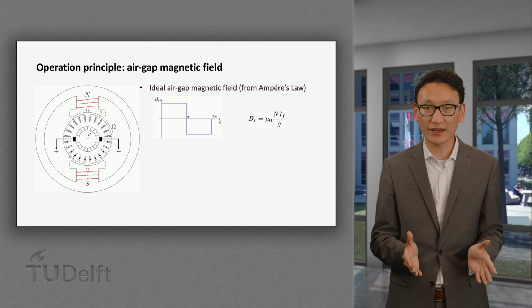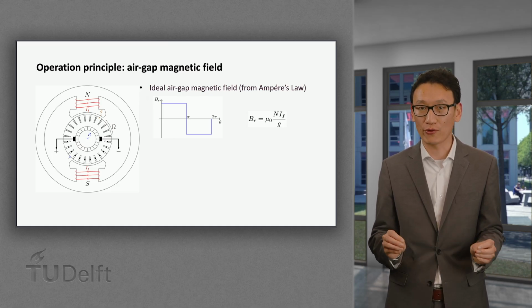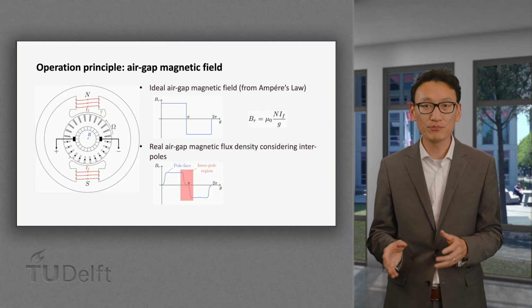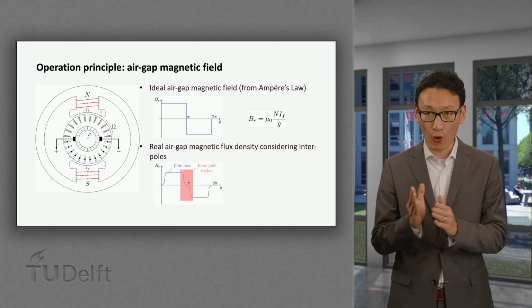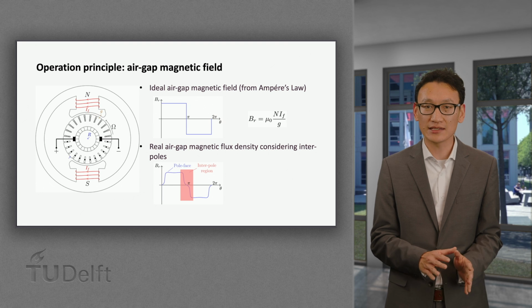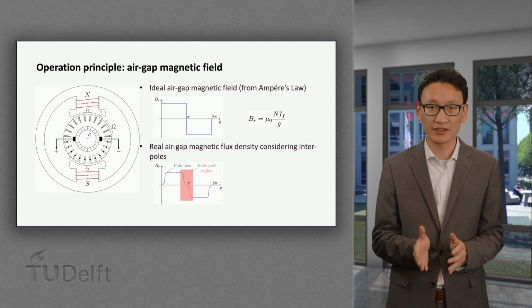So ideally speaking, the radial air gap flux density waveform would be a square waveform. However, the real world is never ideal in practice, because there is space between adjacent poles, that is to say, the interpole region. The air gap flux density waveform will deviate from a square wave as shown in the figure on the bottom.